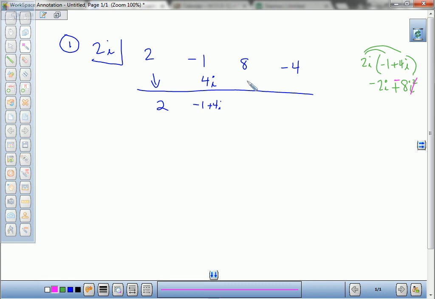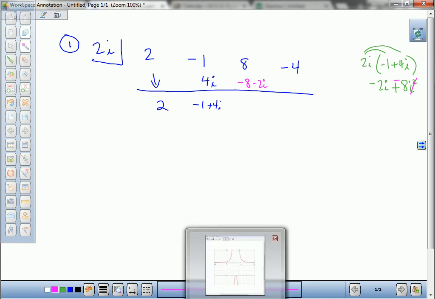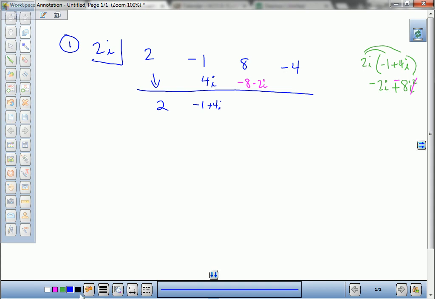So when I write it right here, it becomes -8 minus 2i. The real part comes first, the imaginary part comes second. Okay, it's still a little bit ugly, but at least the 8 goes away now, because 8 minus 8 turns into 0. And all I'm left with here is -2i.